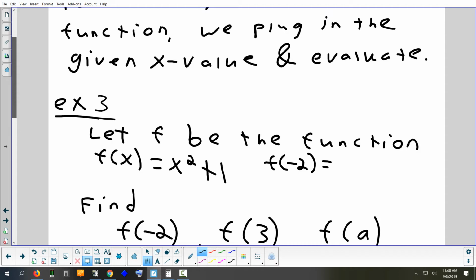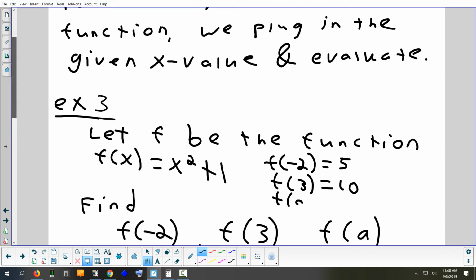Yep. 5. -2 squared is 4. 4 plus 1 gives me 5. Well, let's try another one. What if you plug in 3 for x? Zach? 10. Yep, you get 10.